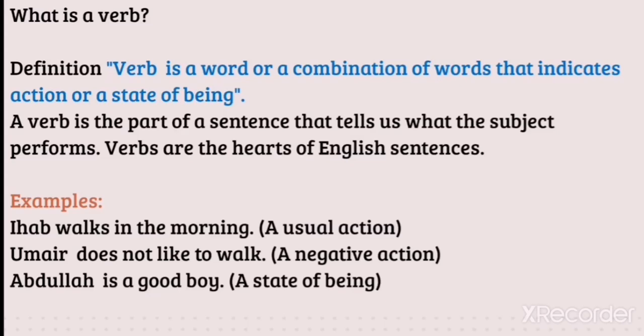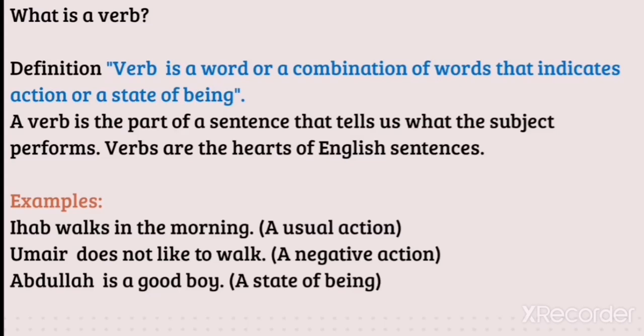Dear student, verb is a part of sentence that tell us what the subject performs. Verbs are the heart of English sentences. इंग्लिश में जितनी भी sentences हम बोलते हैं या लिखते हैं, तो इसमें verb जो है it is the heart of sentence.